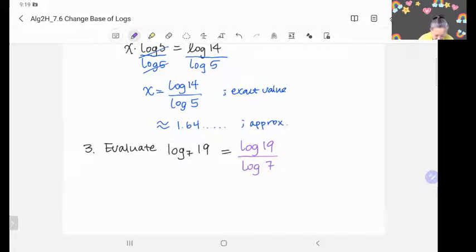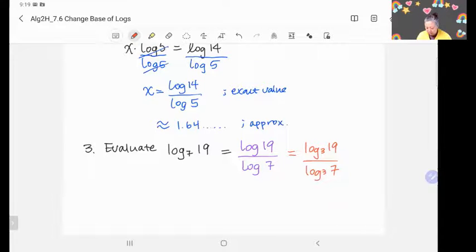No. It's up to you to determine the base, right? So you can also do this. If you would like to utilize log base 3, as long as you match the same base in the log on top and bottom, this is also the same: log base 3 of 19 over log base 3 of 7.